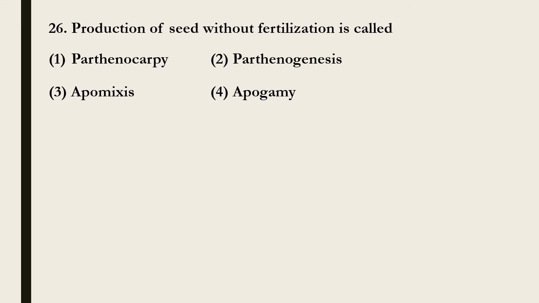The first is parthenocarpy: production of fruit without fertilization is called parthenocarpy. And the second option is parthenogenesis.